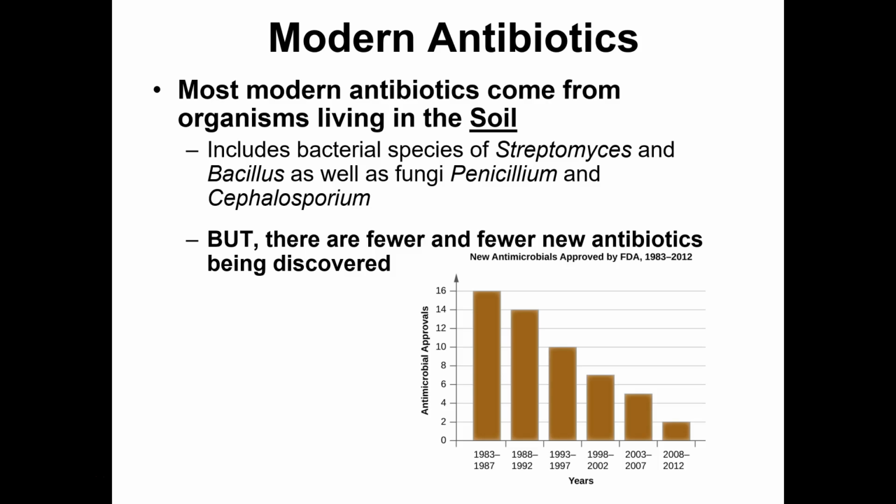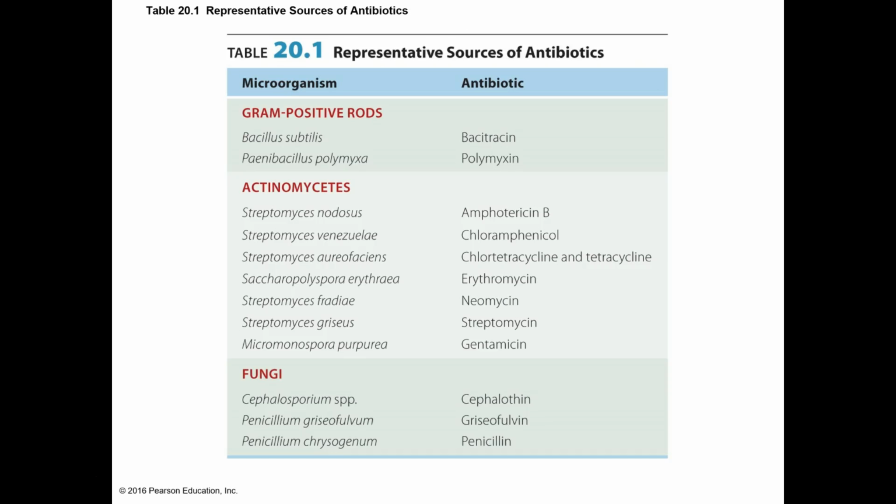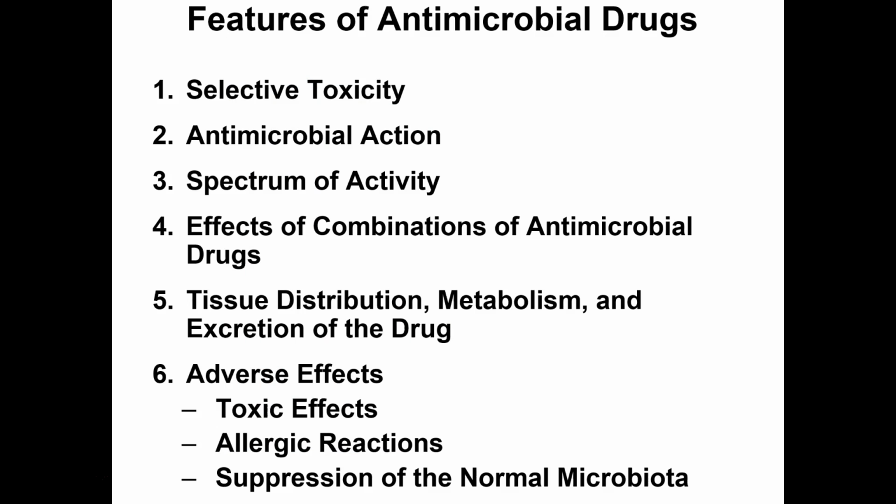Each one is defined by what aspect of growth it inhibits. There has not been a new class of antibiotic in 40 years. Okay, so we're running out of ideas as bacteria learn how to be more and more resistant. I'll skip this. This is just showing you folks where a lot of popular antibiotics are derived from.